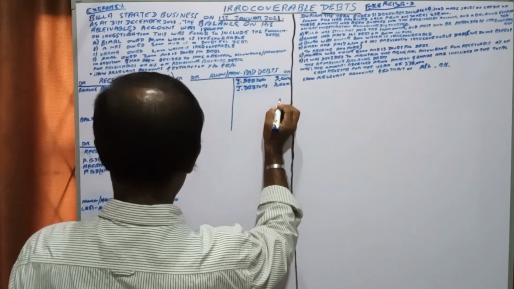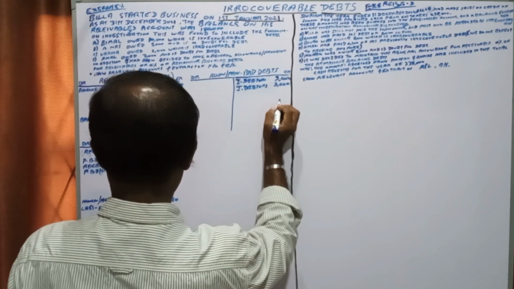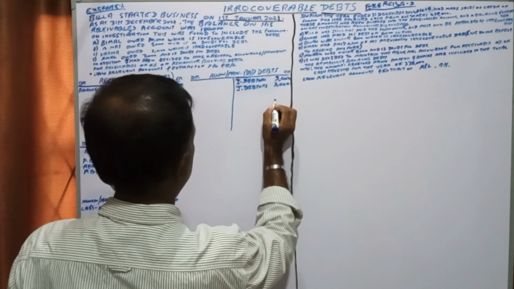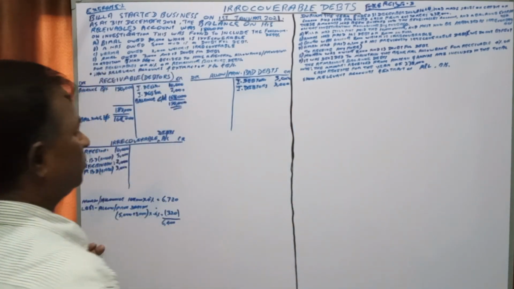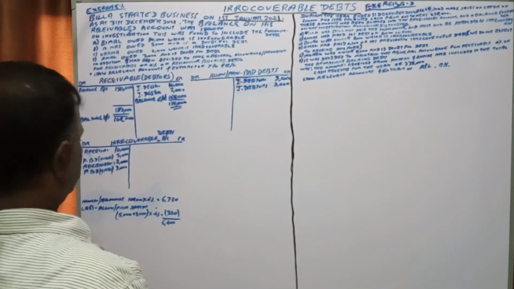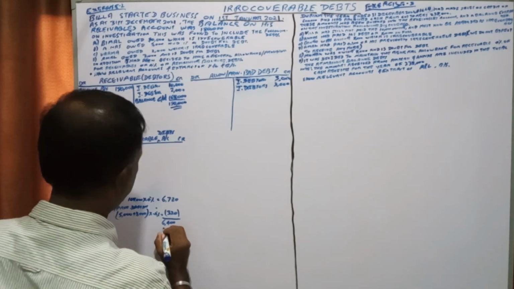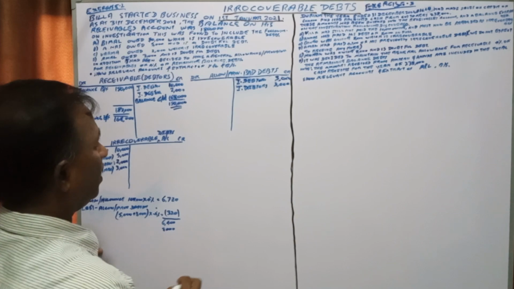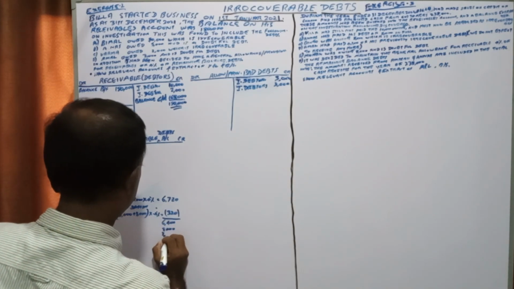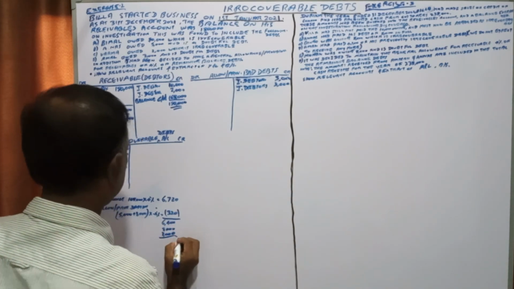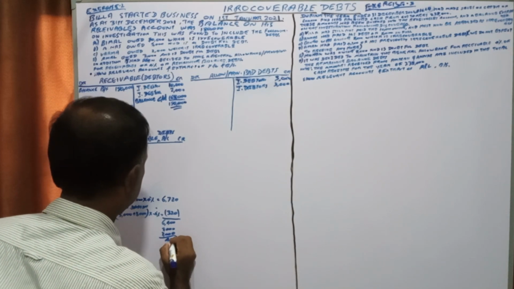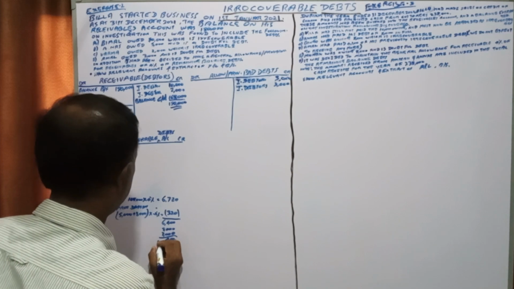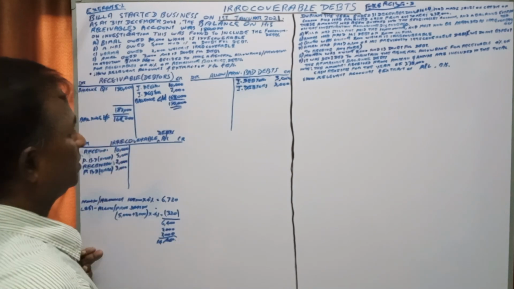So 6,400 plus the other provisions, 5,000 and 3,000, and 400, that makes 14,400.